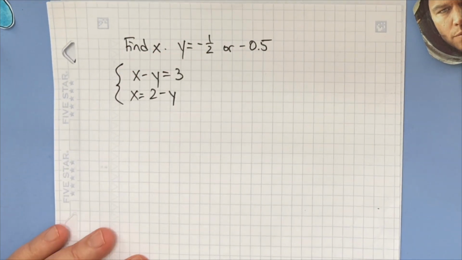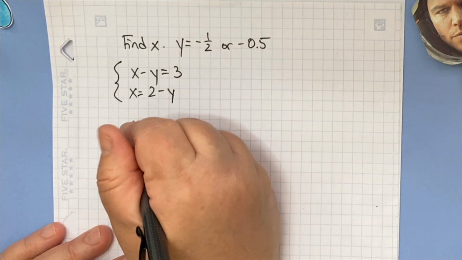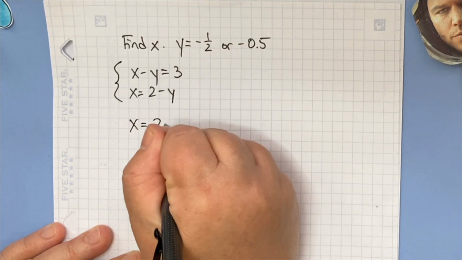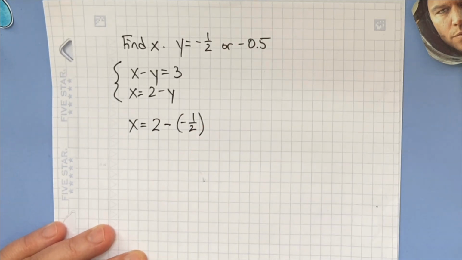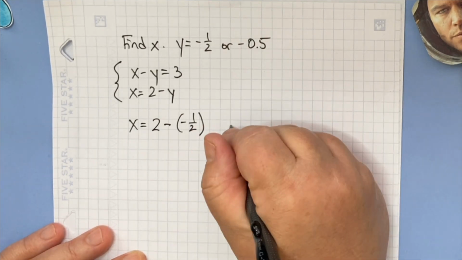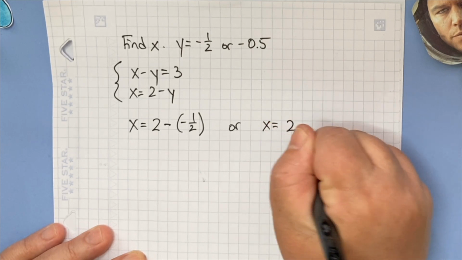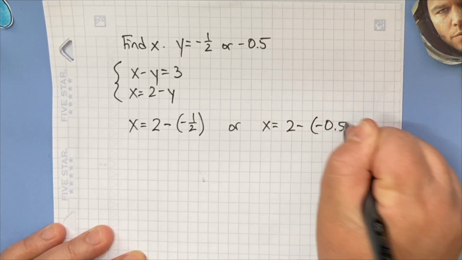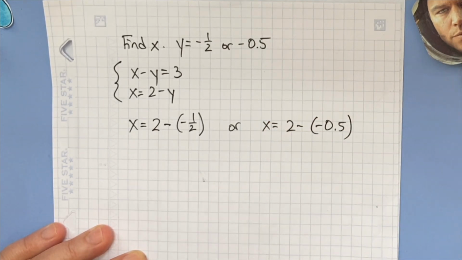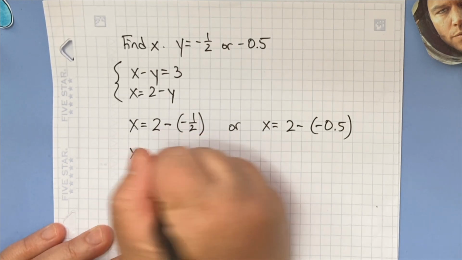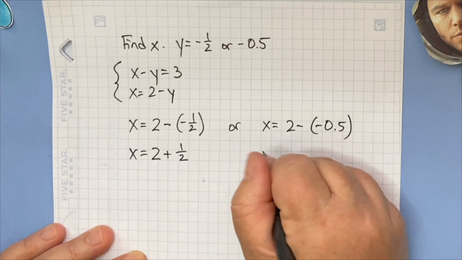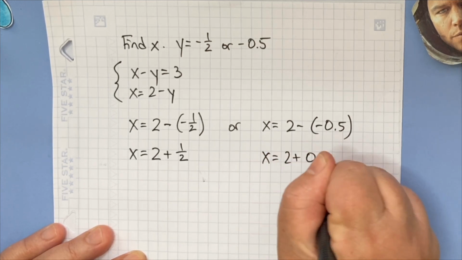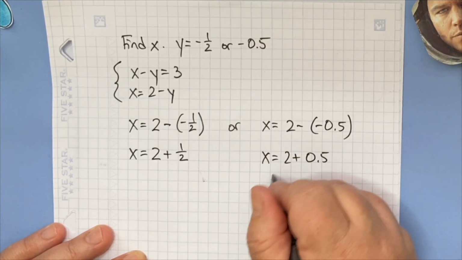So if I want to find x, I'm going to use this equation. So x equals 2 minus a negative 1/2, or you might have it as x equals 2 minus a negative 0.5. Your choice. In this case, we get x equals 2 plus 1/2. And right here, I've got x equals 2 plus 0.5. Now, this one is admittedly easier.